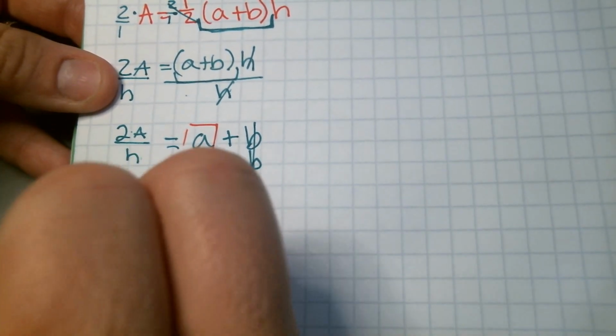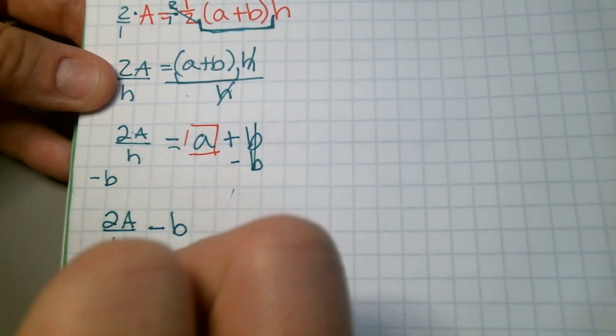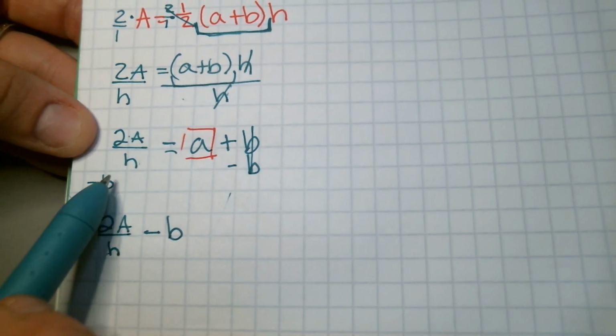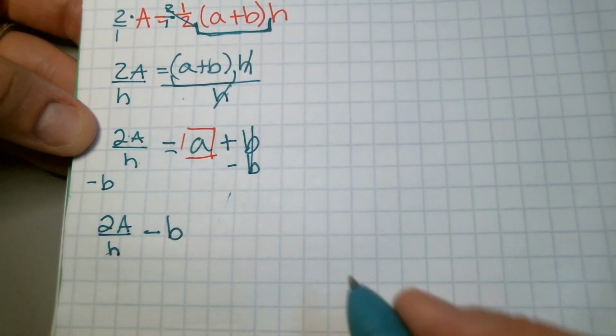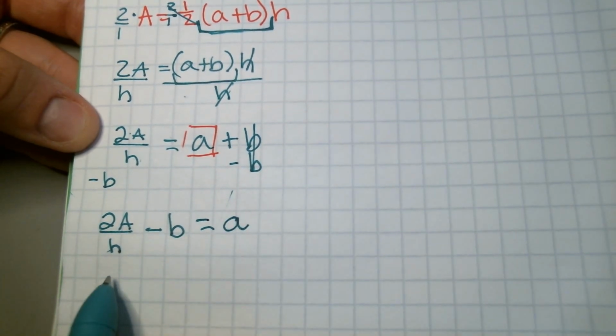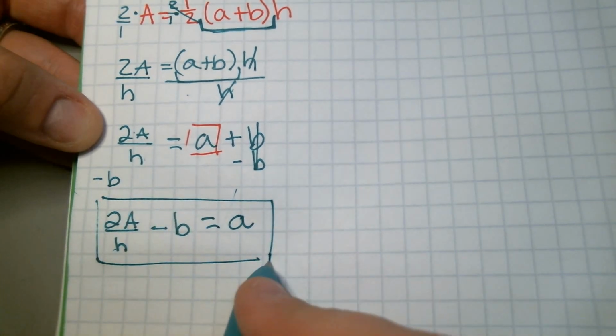So, I'm going to end up with an expression 2A over h minus b. b is not being divided by h because it was subtracted after h was doing division over here, equals a. And you could reorder that so a comes first, but here is your solution to that.